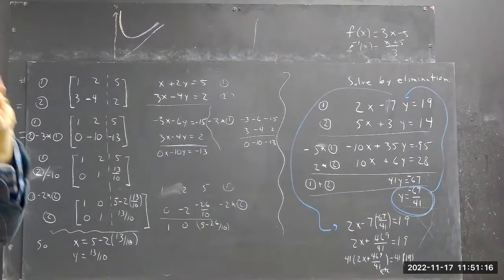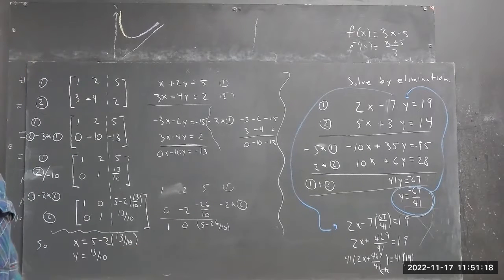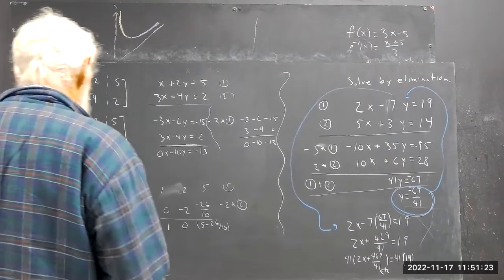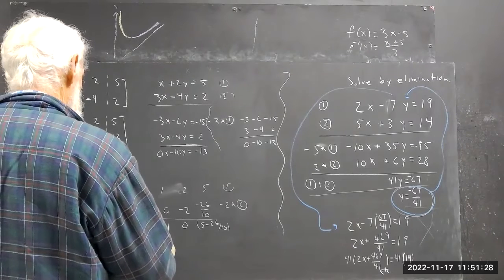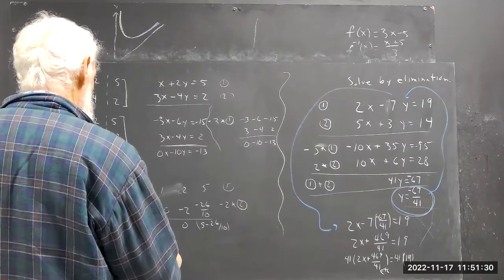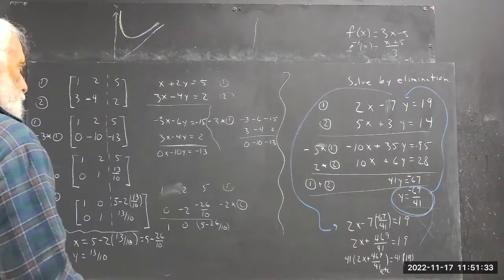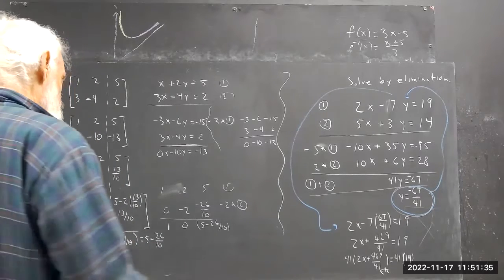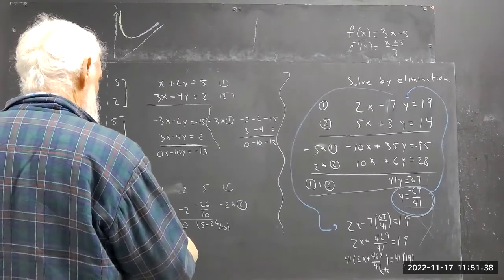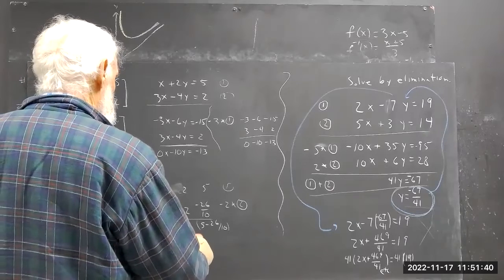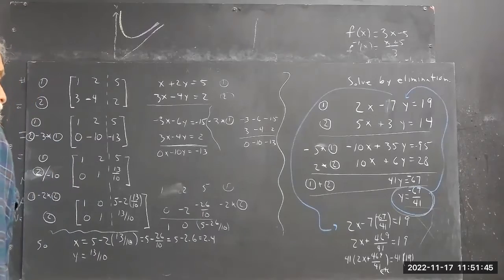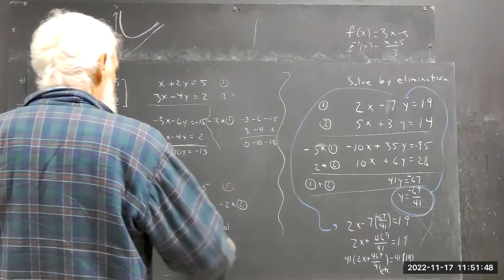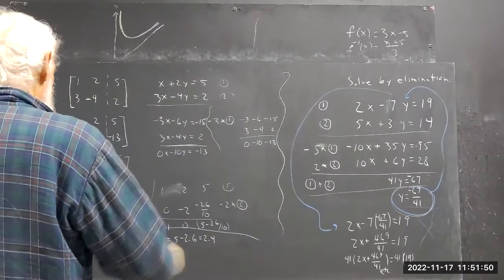If you want a decimal expansion, you just take this calculation, plug it into your calculator, but this one's pretty easy to do. 5 minus 26 tenths. If you want to go to decimals, it's 5 minus 2.6, which is 2.4. So you could say x is 2.4.